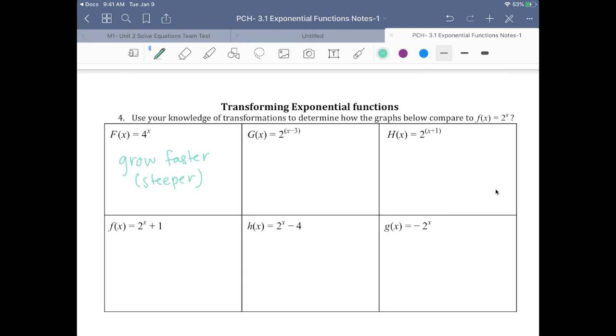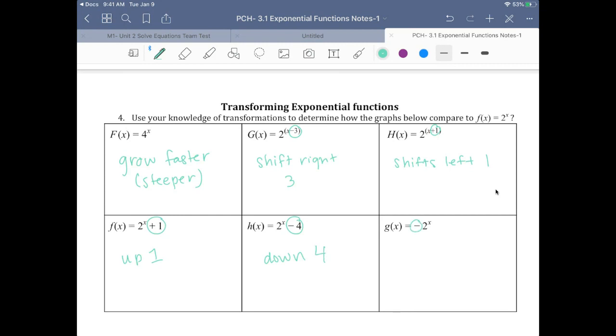When I subtract 3 from x, that means that we're going to shift right 3. What does a plus 1 to the x do? It shifts left 1. Okay, if I add a number on the outside, like a k value, we shift up 1. Subtract a value, down 4.